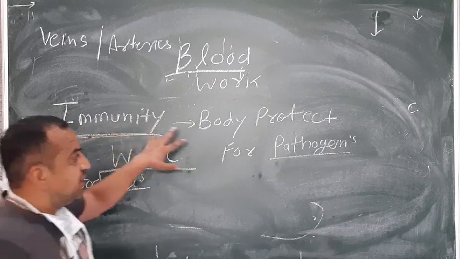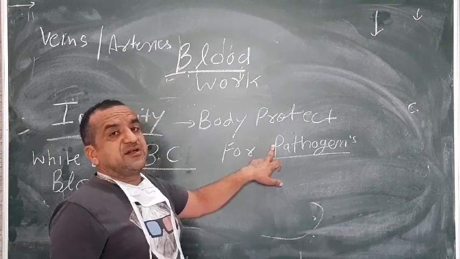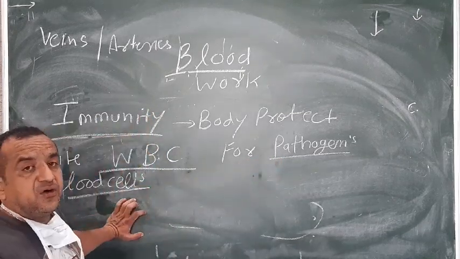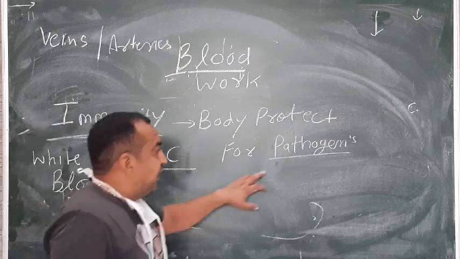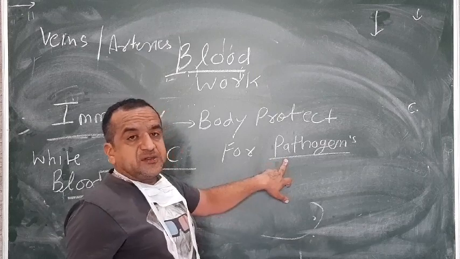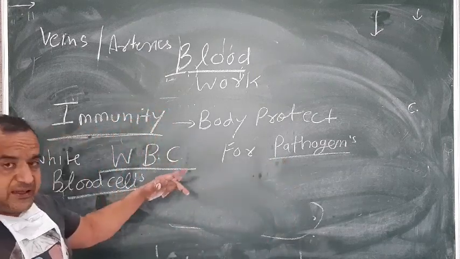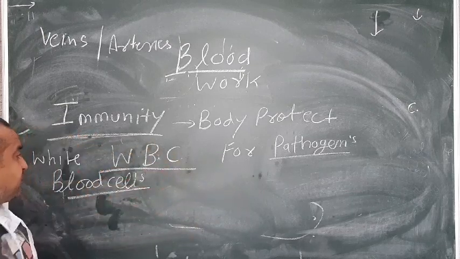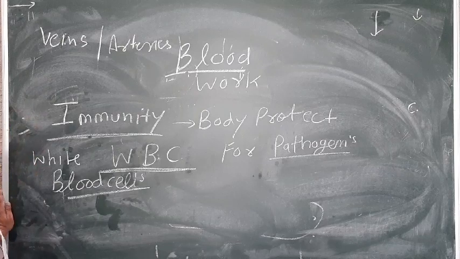Immunity is the protection of our body from outer pathogens. Pathogens can be harmful or good for our body. Good ones are not harmful. Harmful ones like bacteria, virus, protozoa can harm our body. To protect against that pathogen is called immunity. First, our body is made immune by the blood part called WBC.